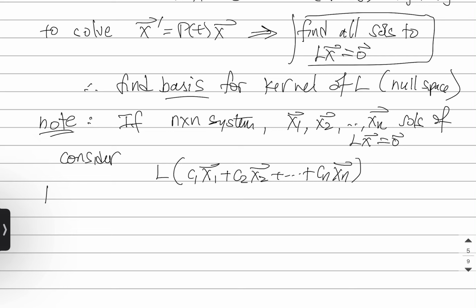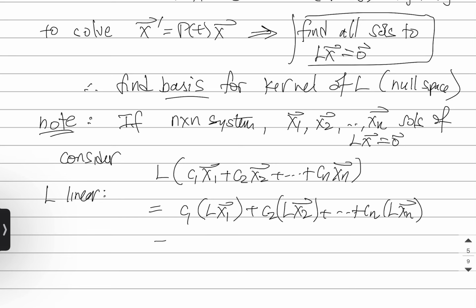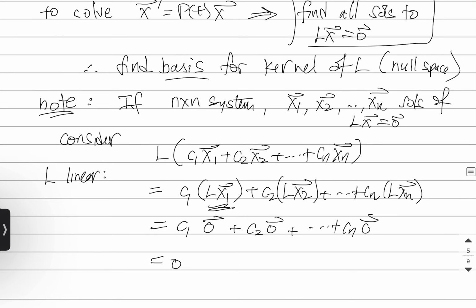Now, because L is linear, I'm now allowed to say, okay, this is going to be C1 times L acting on x1, C2 times L acting on x2, all the way down to Cn times L acting on xn. Well, each one of these things is a solution. That means each one of those terms is 0. And as you probably could have guessed from linear algebra, we get a 0.